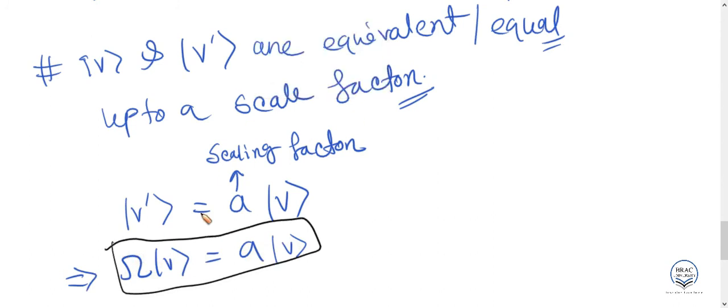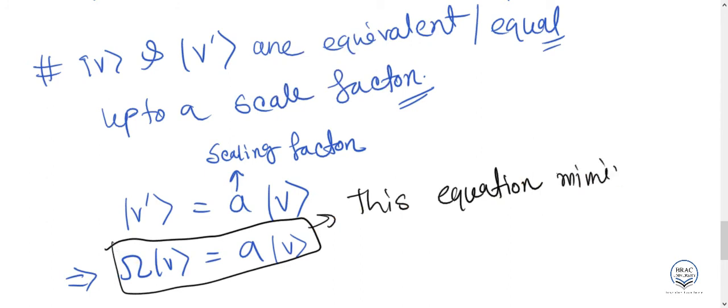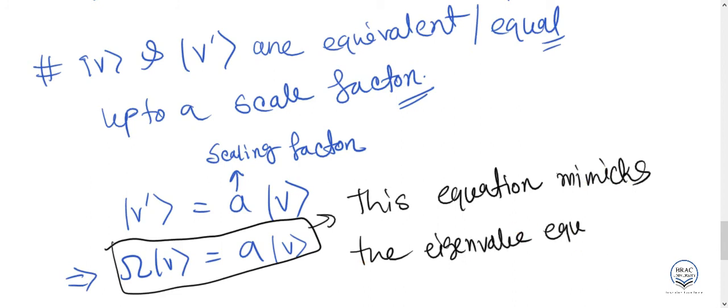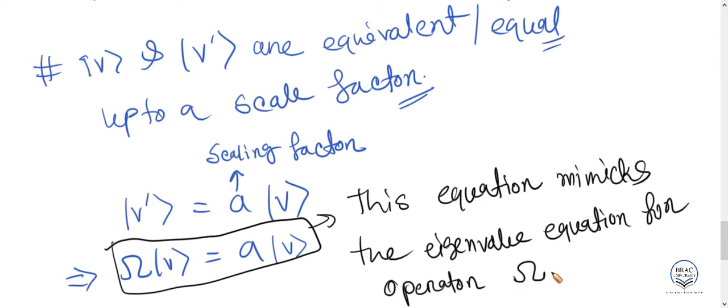So this equation mimics the eigenvalue equation for operator omega. So what is happening?